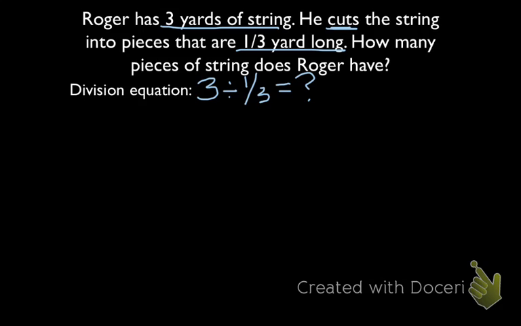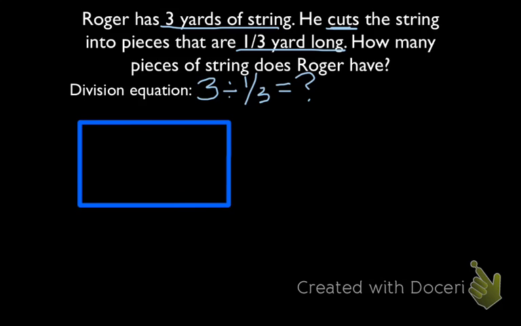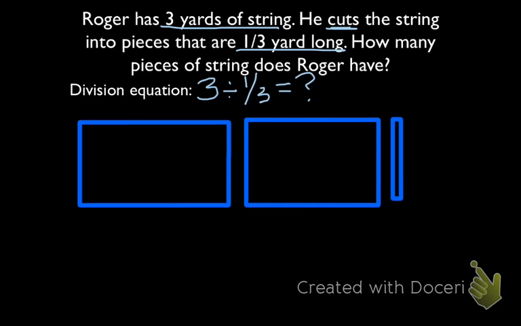So if you're more familiar with doing an area model, even though this might be a piece of string, let's look at an area model. We can use the same strategy. So we have 3 yards, so we're going to want to show 3 wholes. So there's 1 whole, there's 2 wholes, and there's 3 wholes. Let's just pretend these are the same approximate size. Now what we want to do is cut each string into pieces that are 1/3 long.